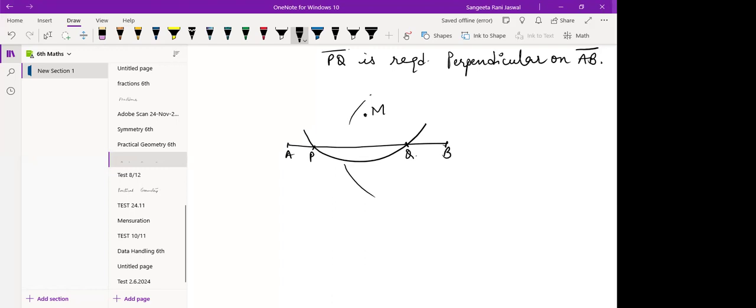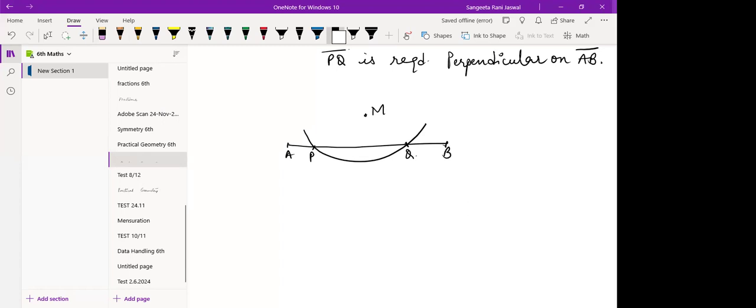Okay, now see, what I told you, you made this PQ arc. Now, whatever measurement you have on this compass, don't move the measurement.